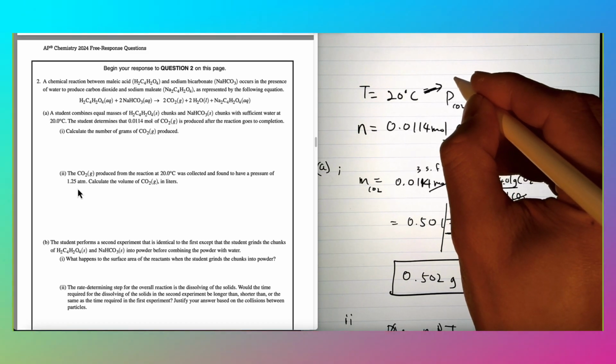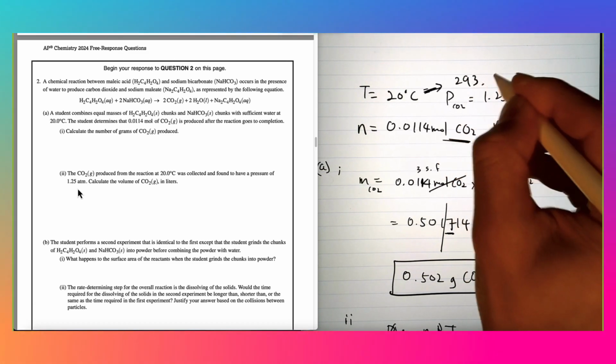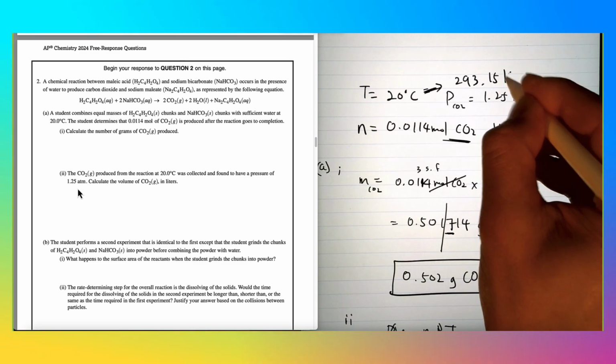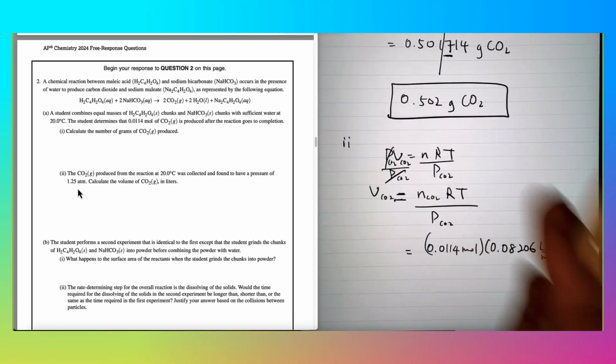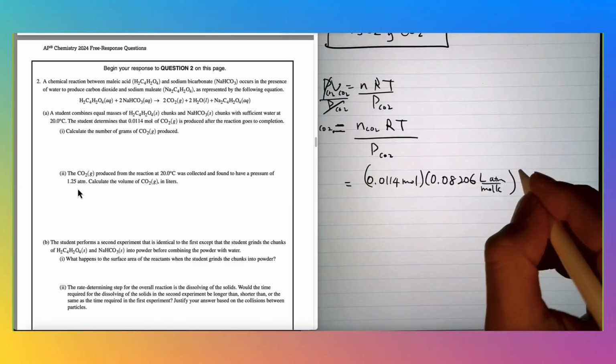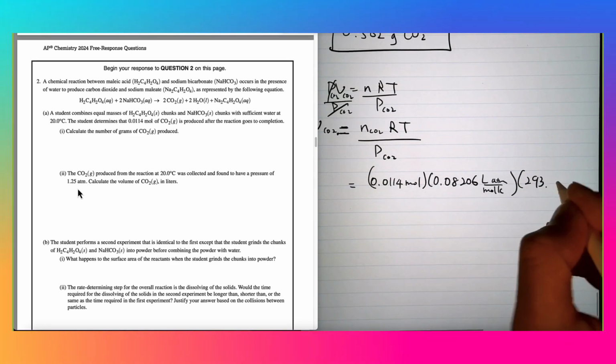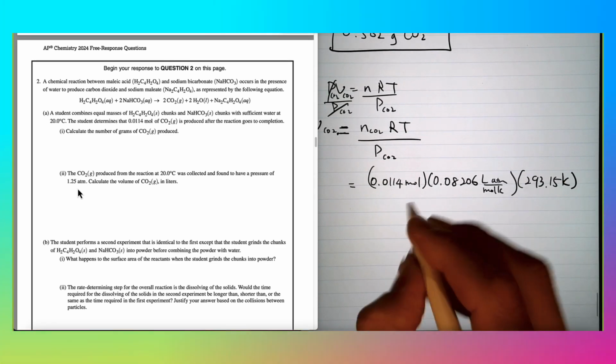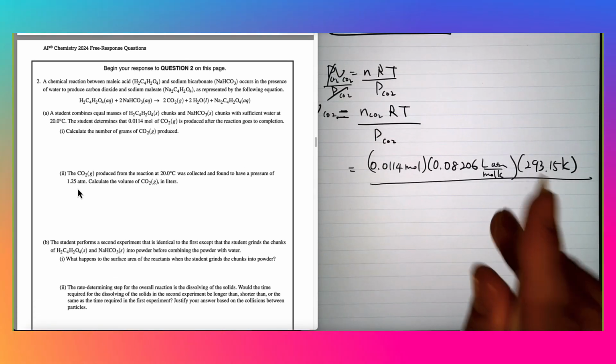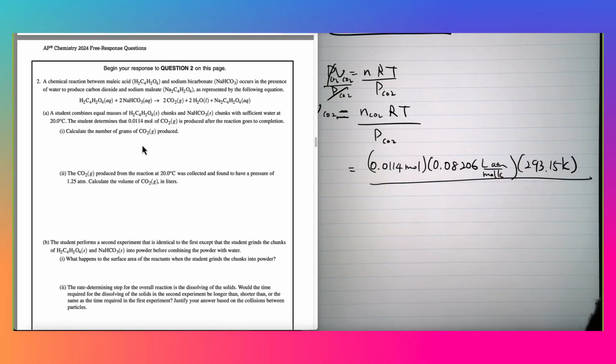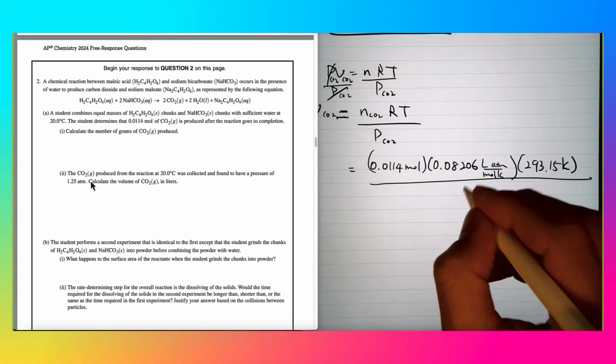So if you add 273.15, you get 293.15 Kelvin. So we're going to use that, 293.15 Kelvin, and all divided by the pressure 1.25 atm.